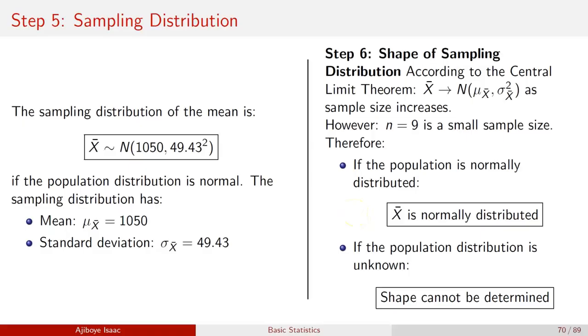On the other hand, if the population distribution is unknown, the shape of the sample means will also be unknown.